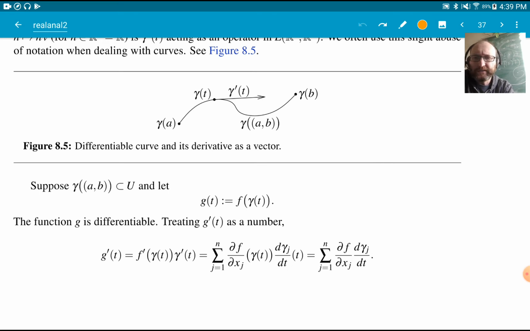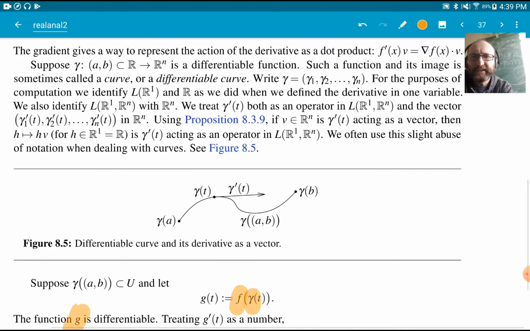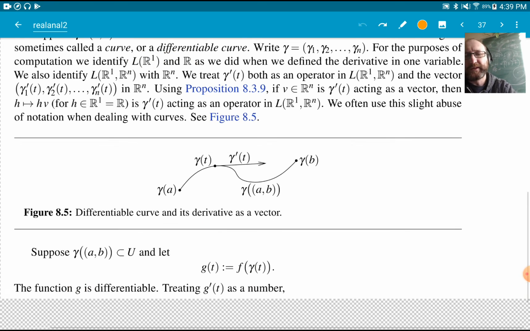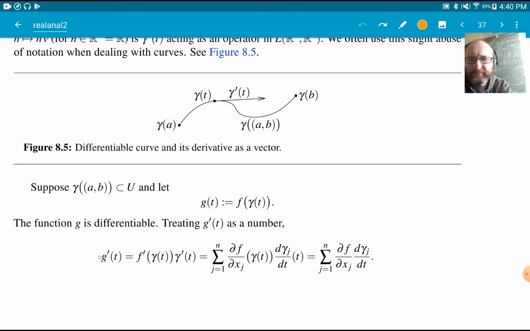And so this function g is differentiable, because both f and gamma are differentiable, and just as I said, I'm identifying the linear operators on R1 with R, the 1-by-1 matrices and the real numbers. So in that case, applying the chain rule that we just proved, you get this expression. Well, let's just write it down.